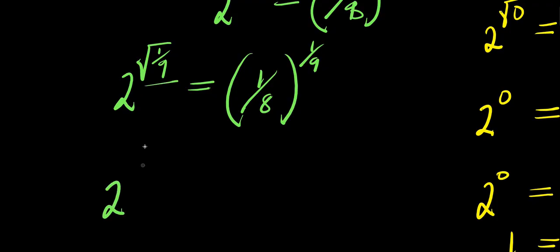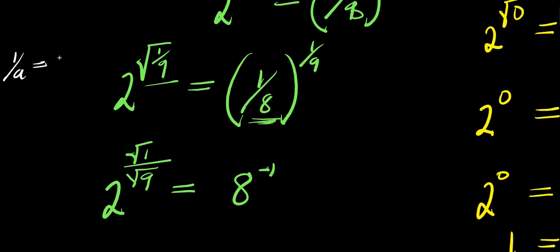This we can have as square root of 1 divided by square root of 9 equals. This is the same thing as having 8 power negative 1. Remember, 1 over 8 is the same thing as having 8 power negative 1. And this is raised to the power of 1 over 9.